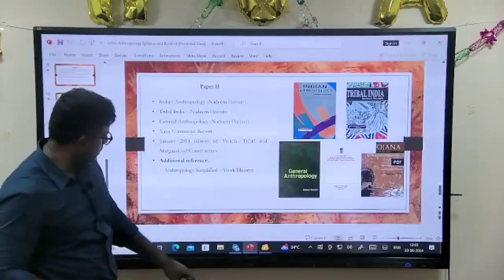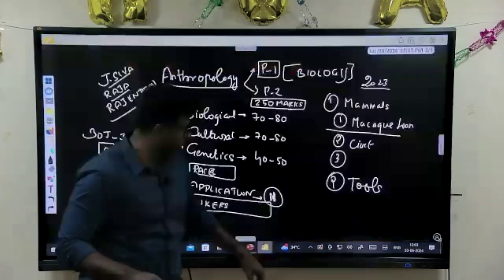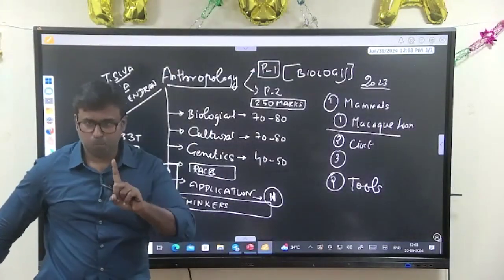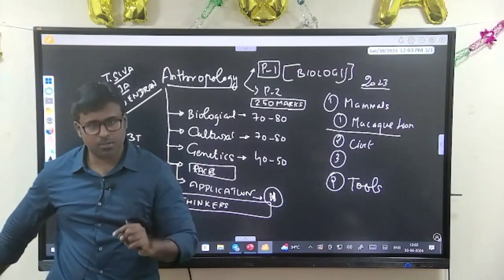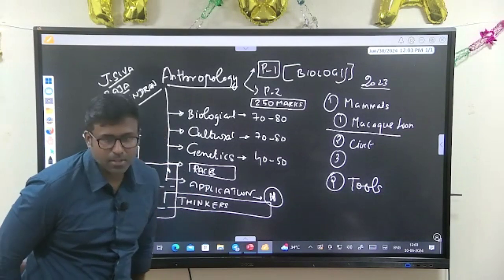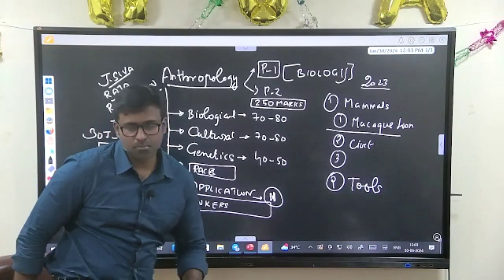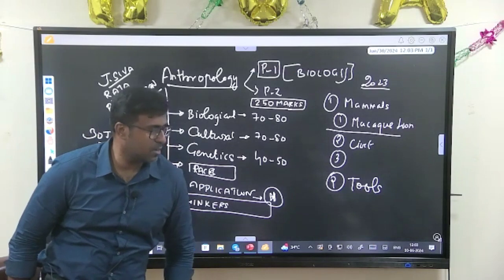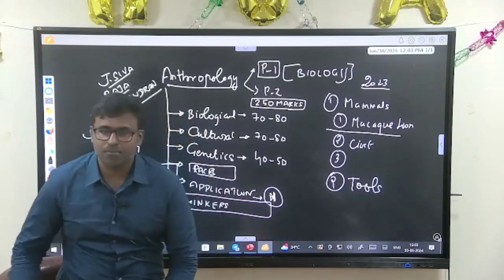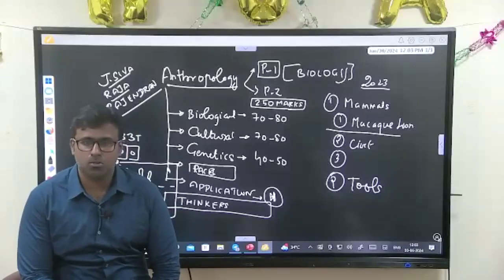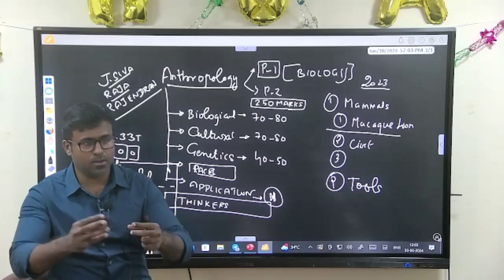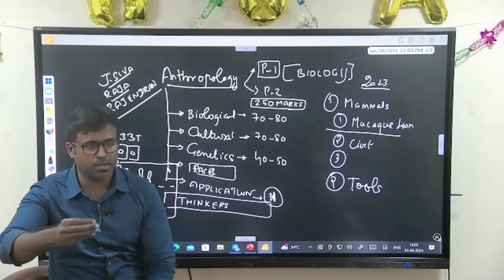Any other doubts you may have, you can ask. Paper 2 is very, very easy. I can say with complete assurance that you can get very high scores in paper 2 if you have done your basics right in paper 1 and taken some important notes that I'm going to give.